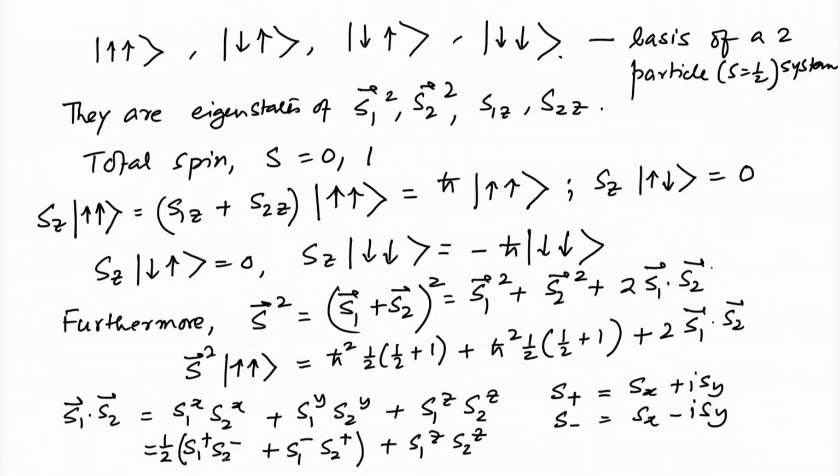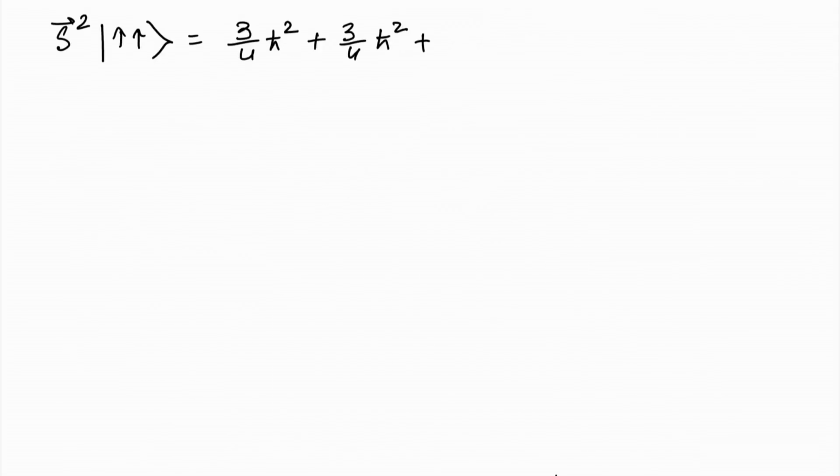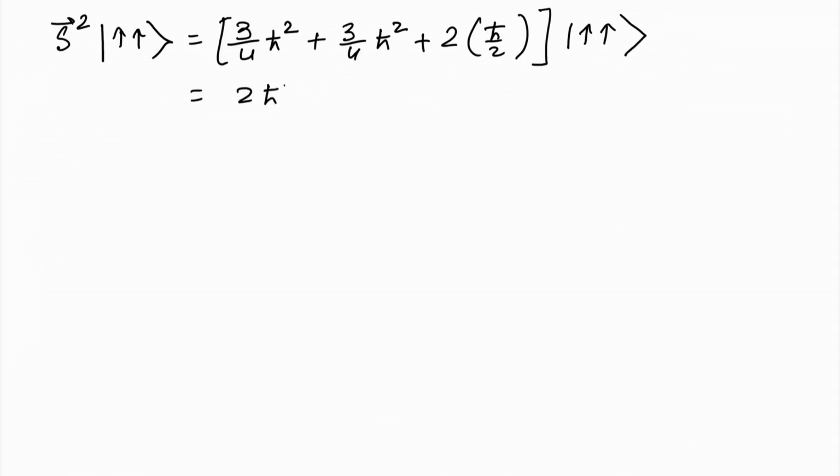S2 minus can give you a non-zero contribution, but S1 plus will give 0, and similarly S2 plus will give 0, so these two terms do not contribute. That simplifies the problem, and we are left with S1z S2z, for which we know the operation. This is 2 into H cross by 2 times H cross by 2, acting on the state. It is an eigenvalue equation, and if you simplify it, it becomes equal to 2 H cross square times up, up, and so on.